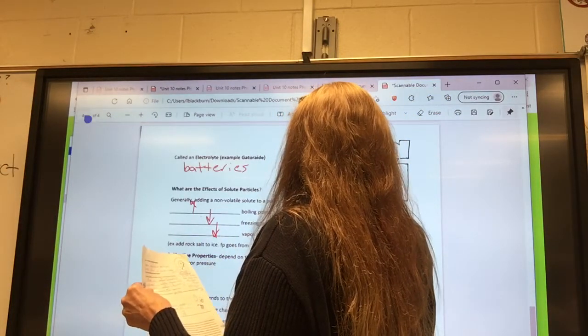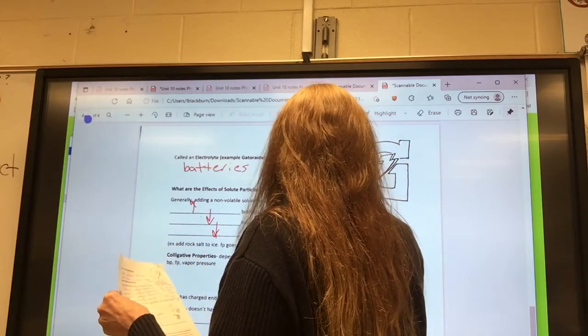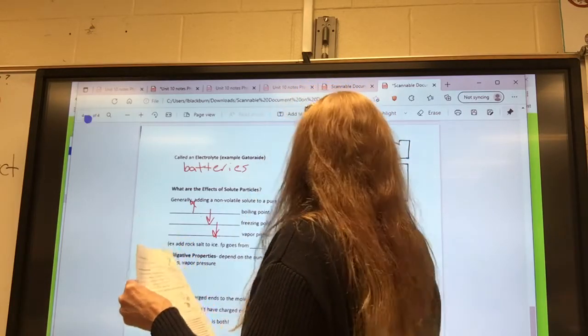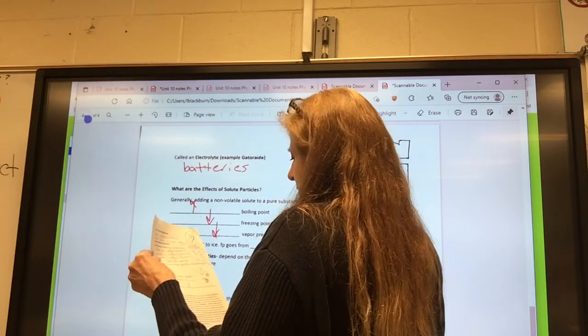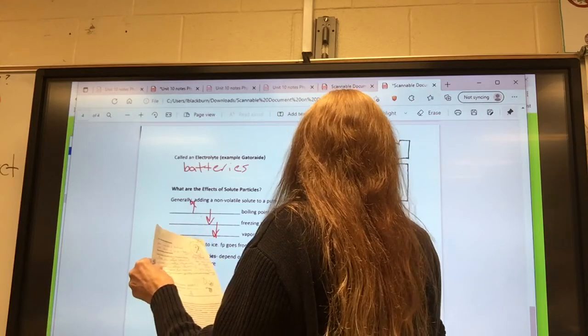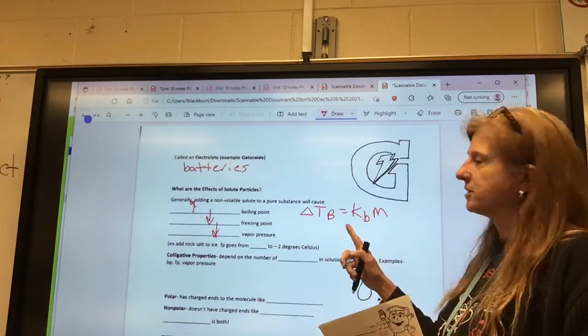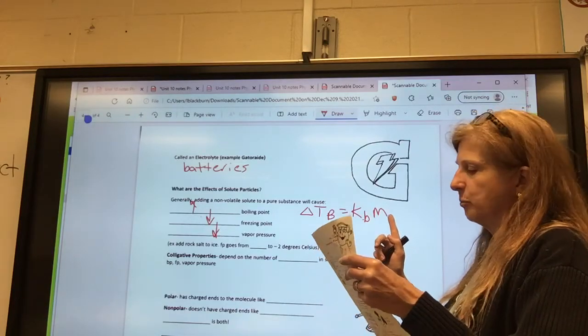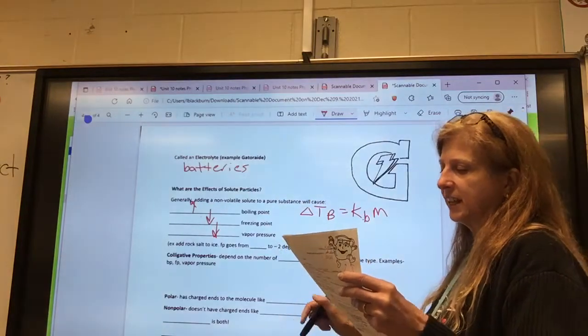The change in temperature, oops, I did that upside down because I'm dyslexic. We'll make it capital B. Equals Kb m. So there's a constant called the boiling constant, and you multiply it times the molality, and you can figure out how much these things shift.